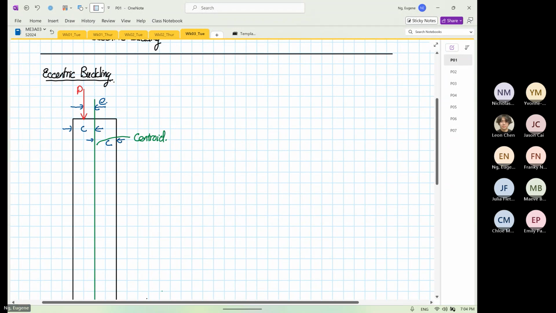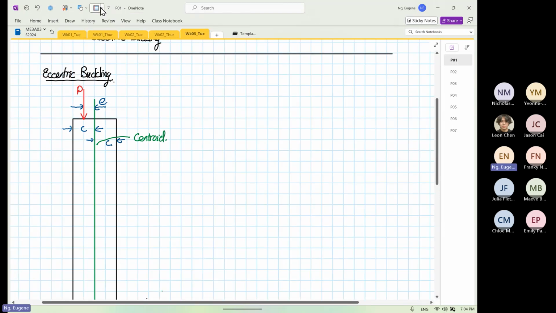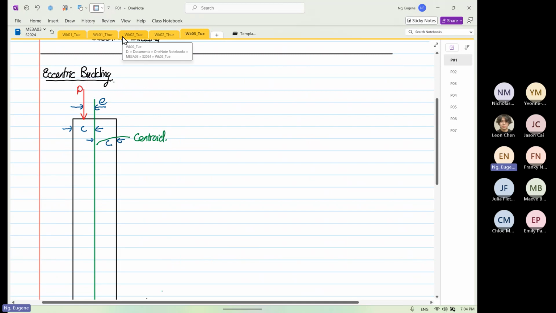In eccentric buckling, as I said, I did not derive it, so you don't see it. There's a disadvantage of not deriving.